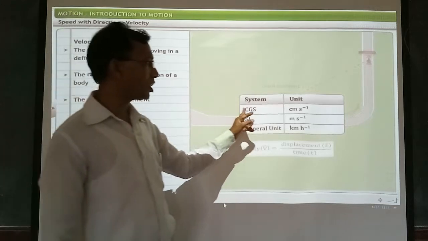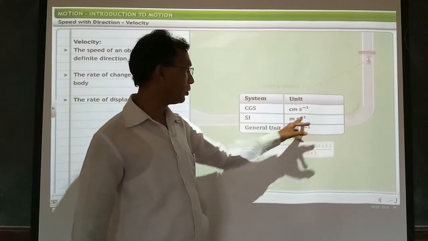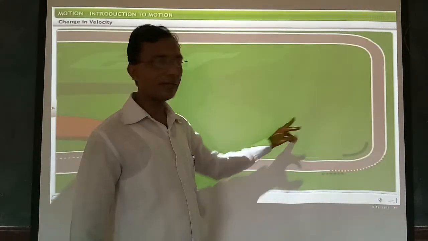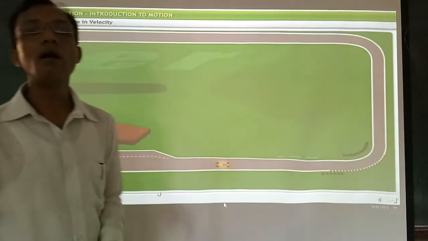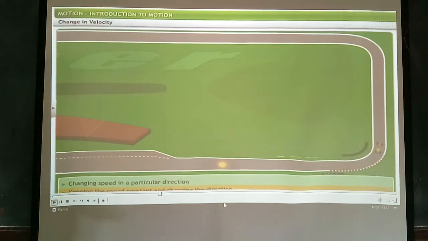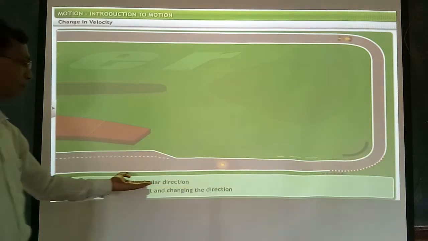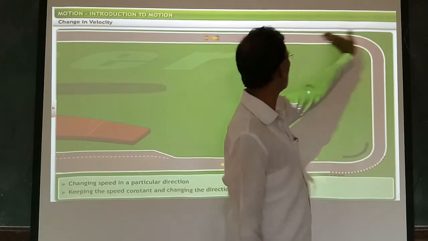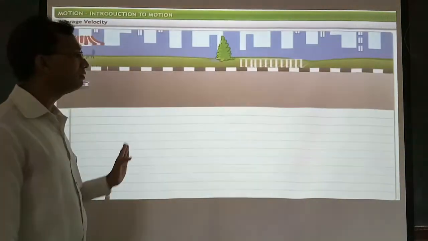The CGS unit is centimeter per second, the SI unit is meter per second, and also kilometer per hour. In general, we can calculate the average velocity, that is changing velocity in a particular direction.